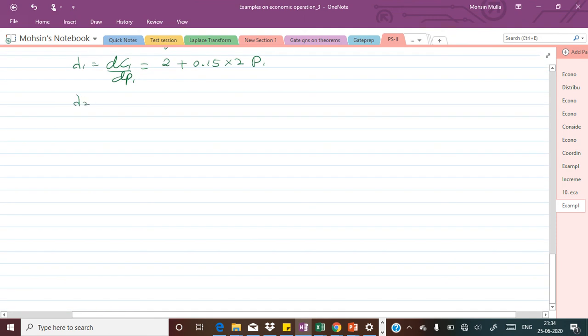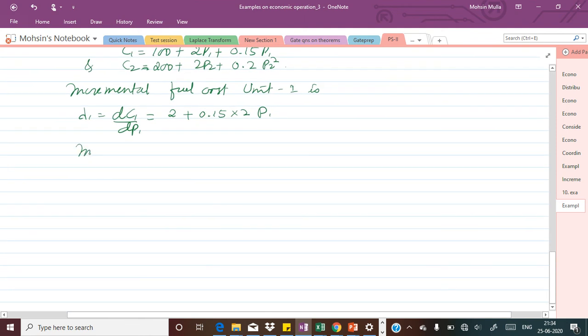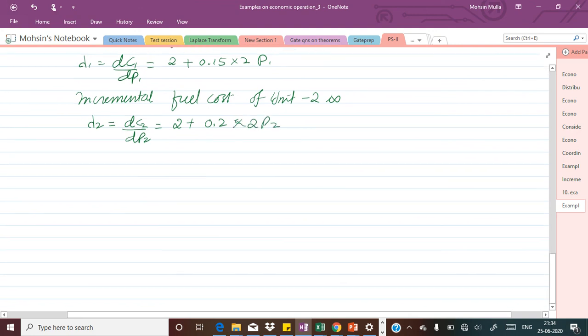And incremental fuel cost of unit 2 is lambda 2 equal to 2 plus 0.2 into 2 P2.